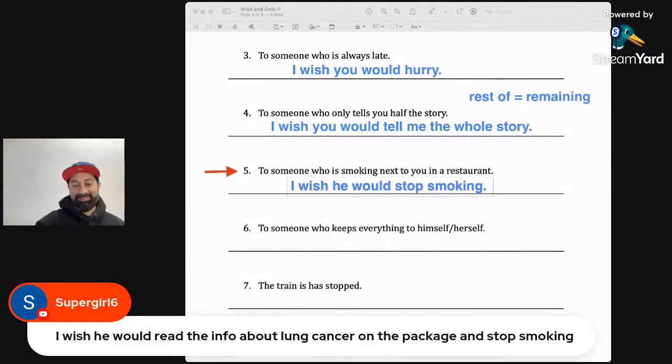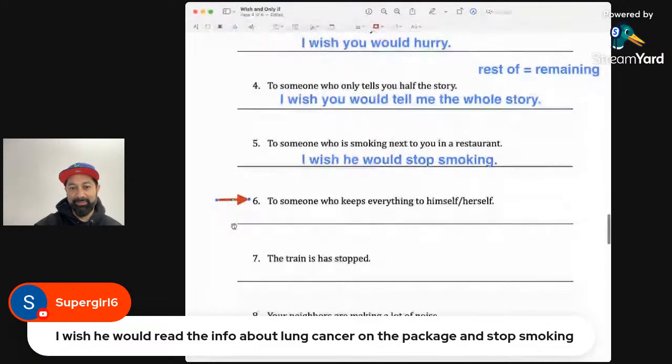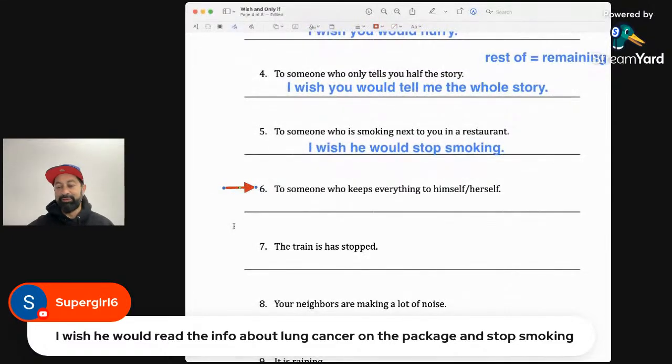Perfect. Nice. Good answer. Okay, let's move. We're going to go just to number 6 here, and then we'll move to a different way to use wish. What would you say to someone who keeps everything to himself or herself?